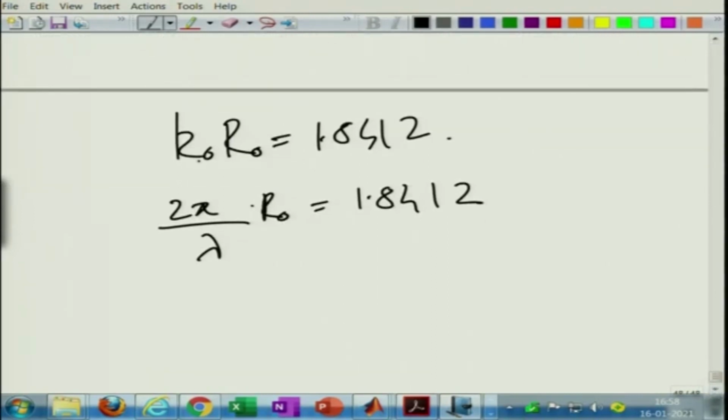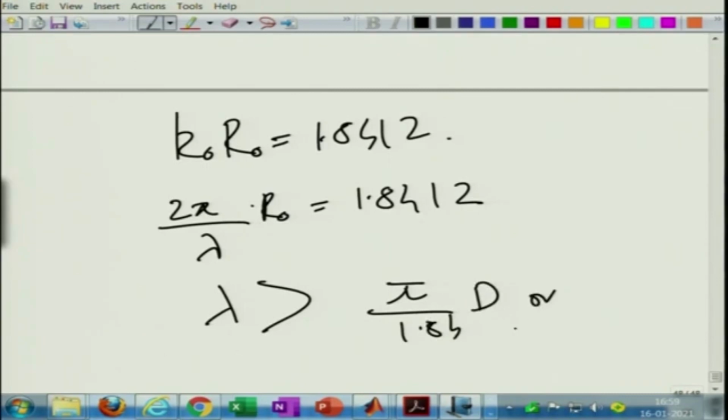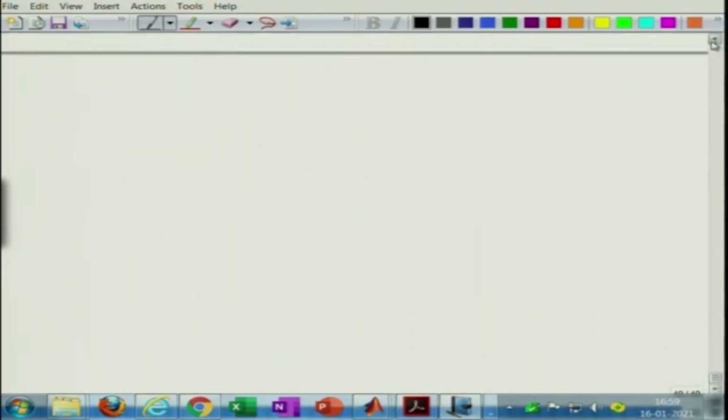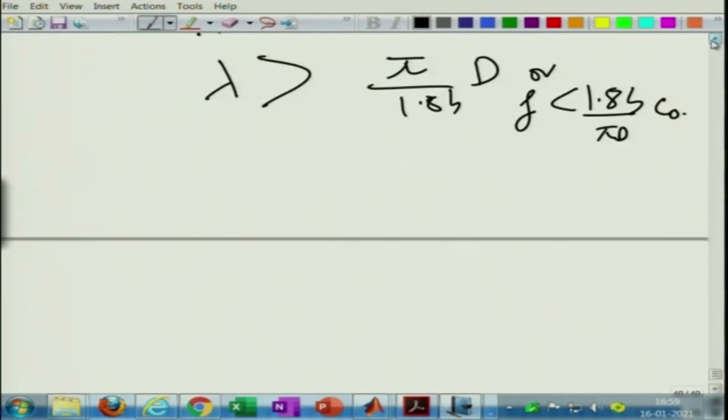Now, we can probably do the algebra. 2 R naught is the diameter, and what it will give us is that the wavelength should be greater than pi by 1.84 times d, which is equivalent to saying that the frequency should be less than 1.84 times C naught by pi d, or I am sorry, basically the cut-on frequency Fc is 1.84 by 2 pi, which if you do, you will get 0.5857 times C naught by d.